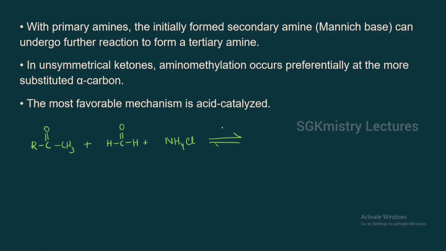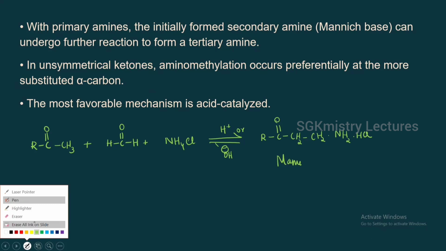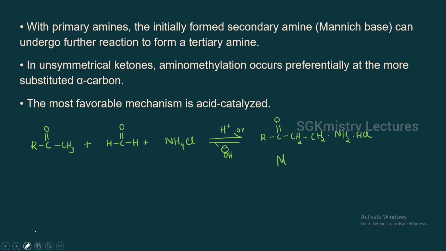Here, acid or base catalyzed, so H plus or OH minus. Here you're going to get R, C double bond O, CH2, CH2, NH2 HCl, which is nothing but the Mannich base.